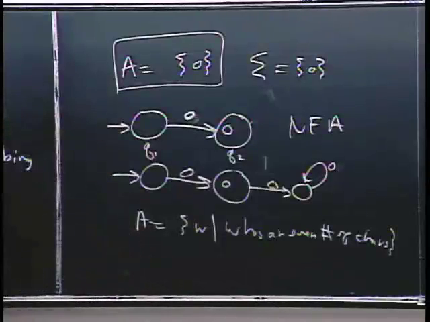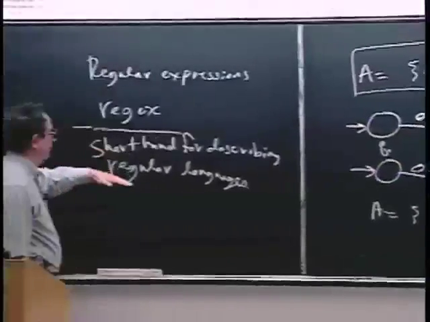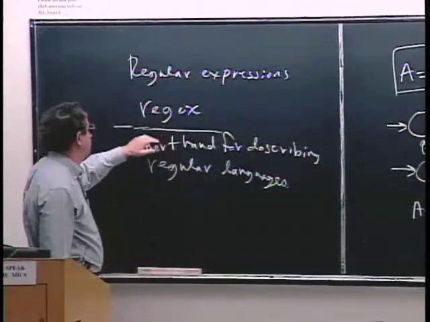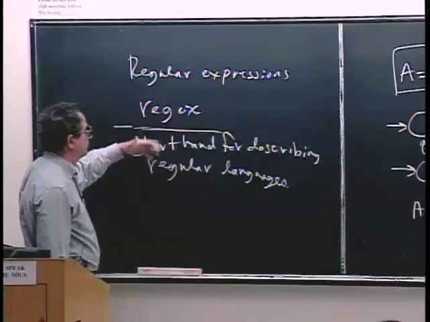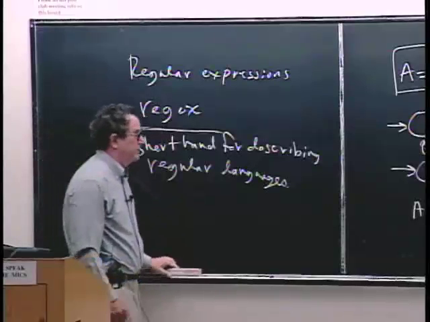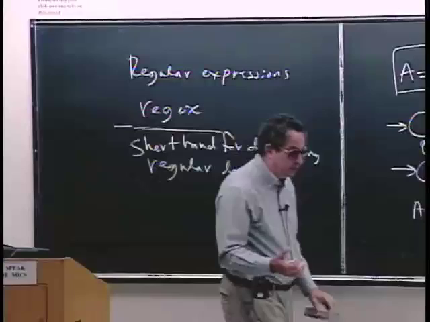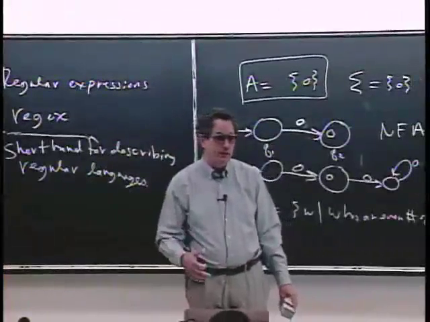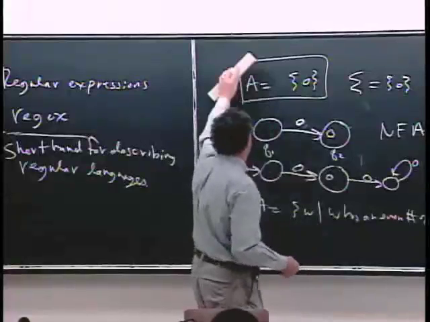A regular expression is another way which will not only describe the language, but carry along with it a proof or a demonstration that it's regular, once we understand that the class of languages that are described by regular expressions are exactly the regular languages. And that takes a proof, which we'll do today.